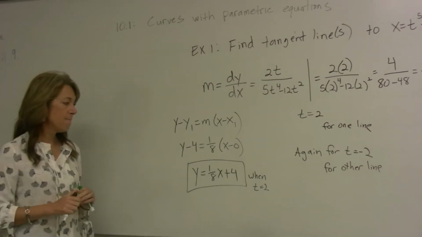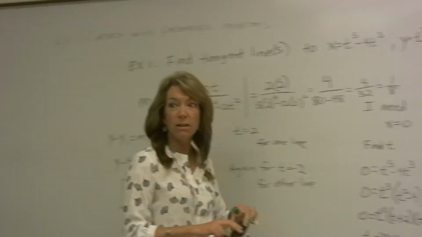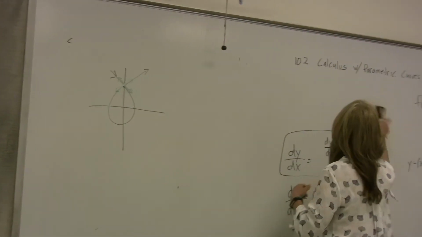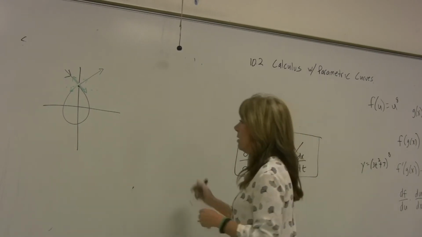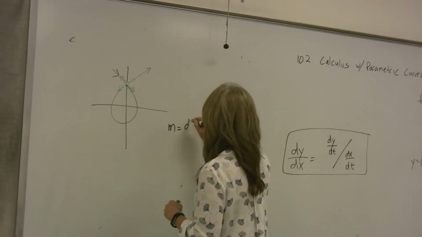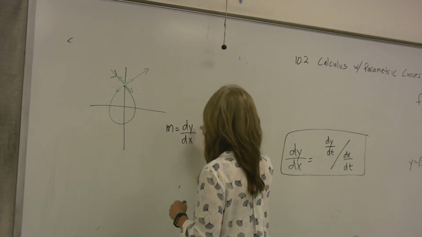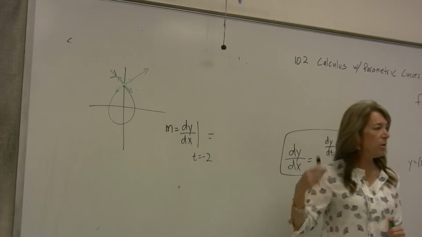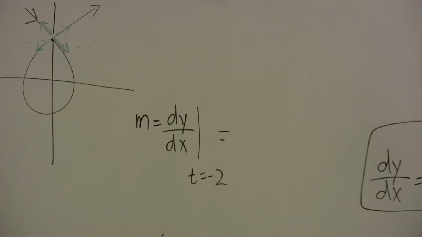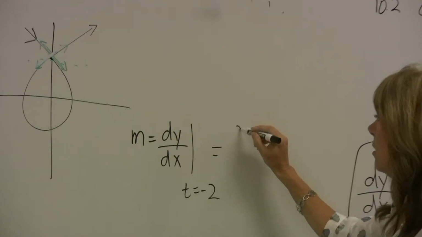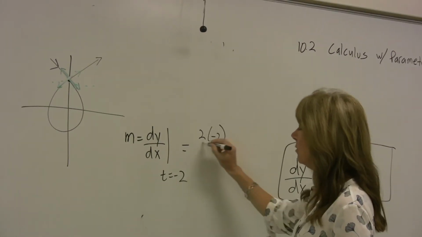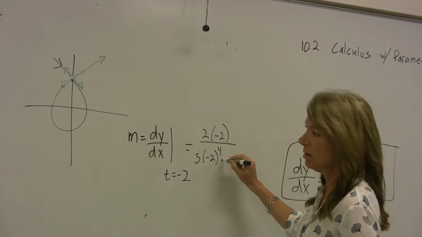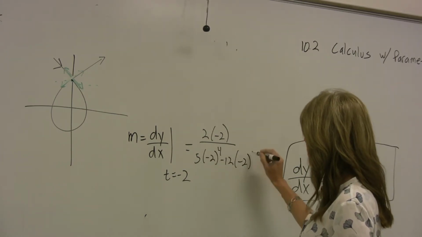What do I need to do now? Yeah, do the same thing at -2. So the slope of the other one is dy/dx evaluated at t equals -2. So I'm just plugging -2 into my slope formula. 2 times -2 over 5 times negative 2 to the 4 minus 12 times negative 2 squared.